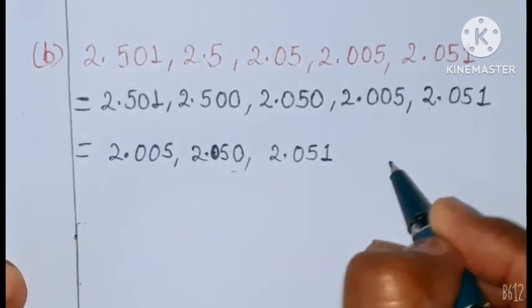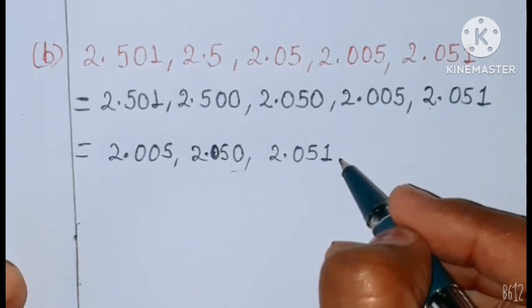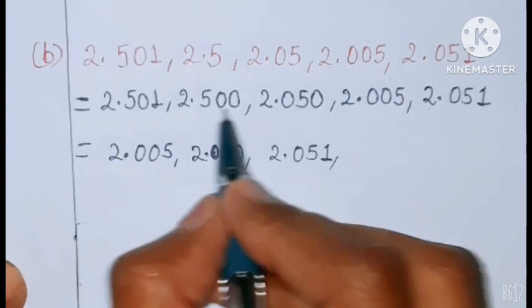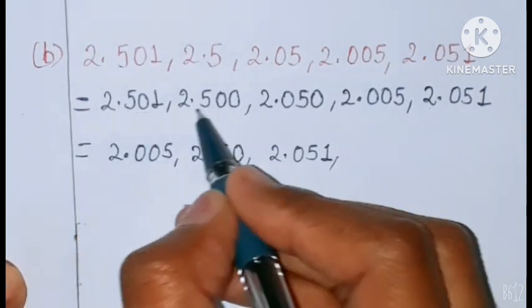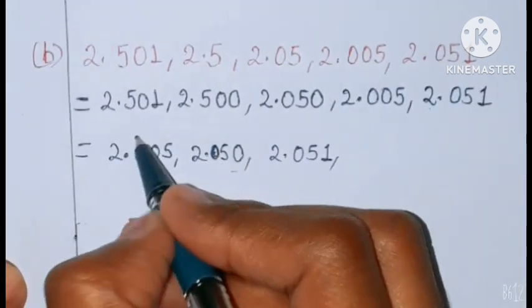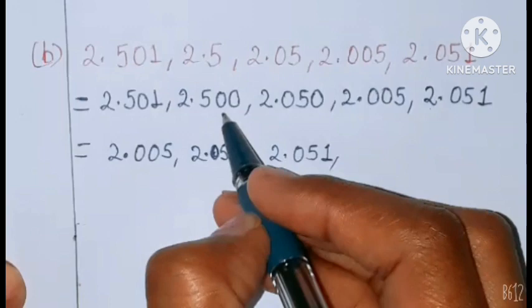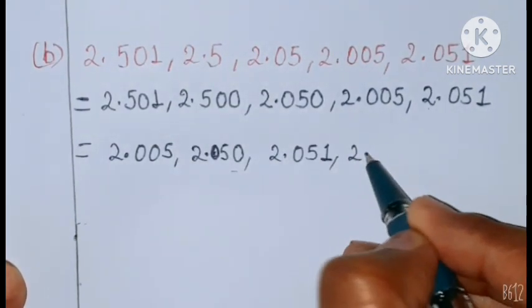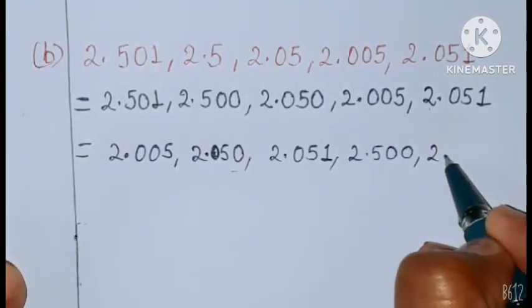Then we will compare 2.501 and 2.500. It is considered to be said as 2.501 and 2.500, but for making you understand, between 500 and 501, 500 is always less, so we will write 2.500, and then we will write 2.501.